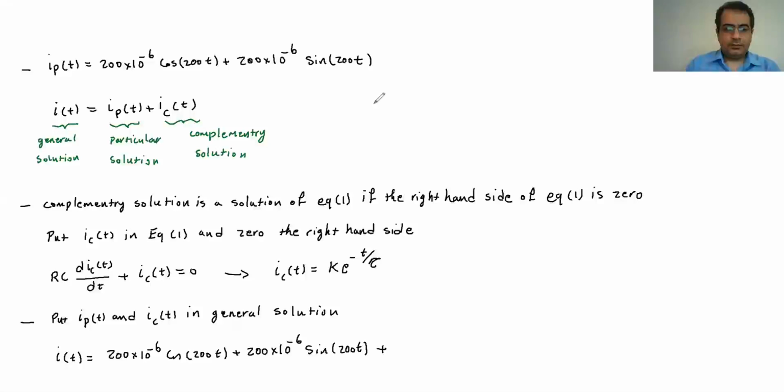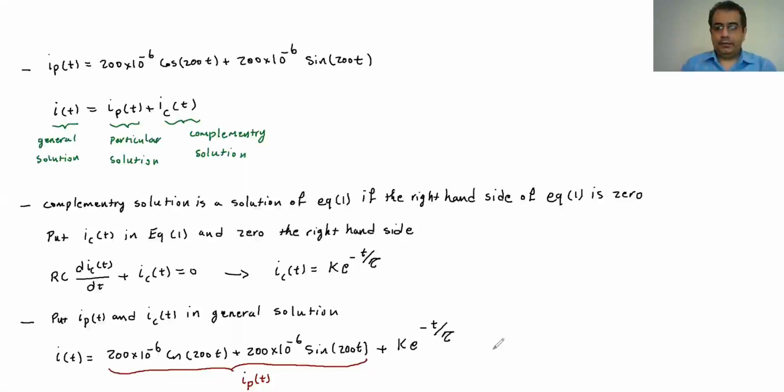So this is the particular solution, i_p(t), and then plus the complementary solution, which is K e to the negative t over tau. And because we are working with the RC circuit, we know that tau is going to be RC.